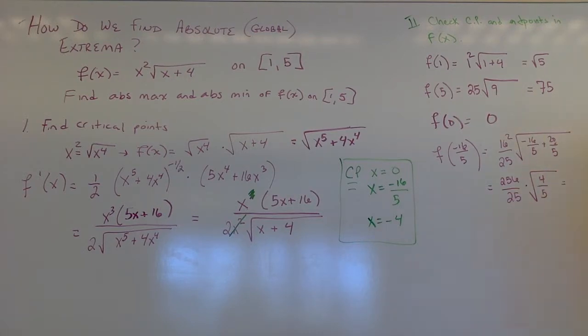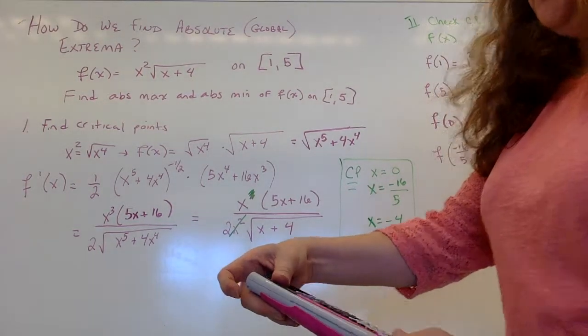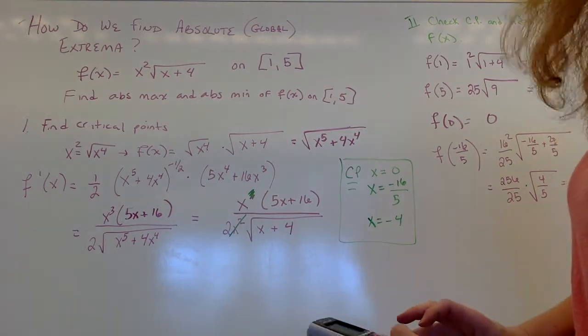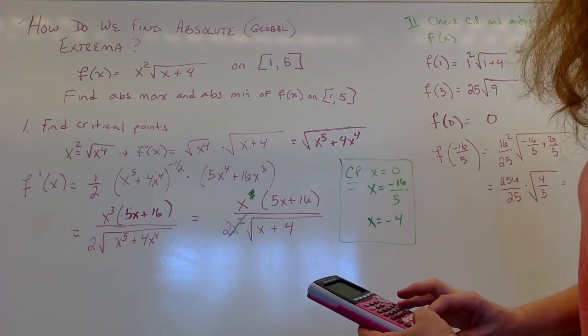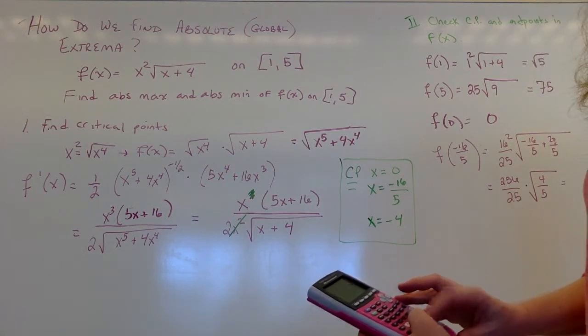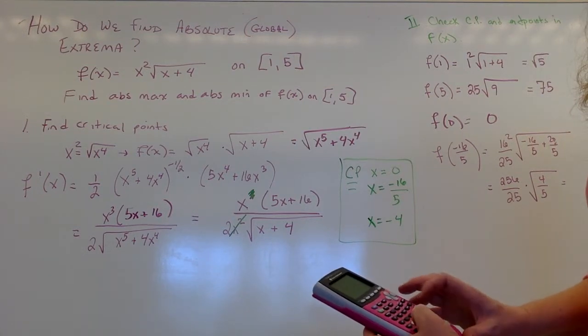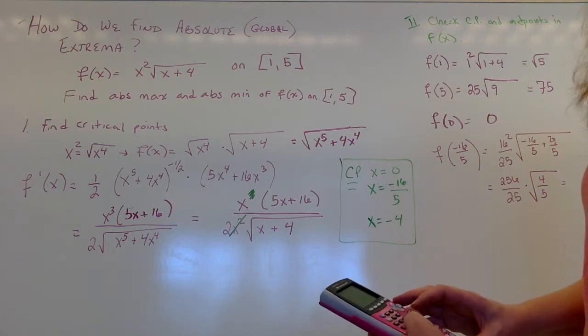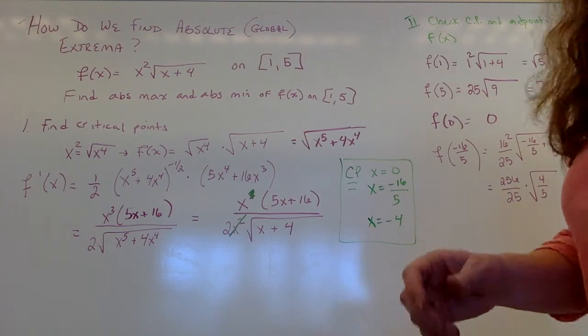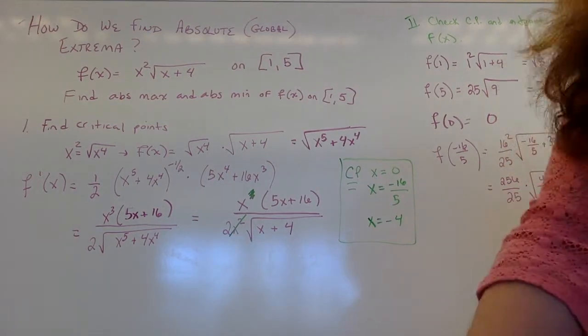I'm going to just go pull out my calculator. Here we go. I have 256 divided by 25 times the square root of 4 over 5, and that gives me 9.2.